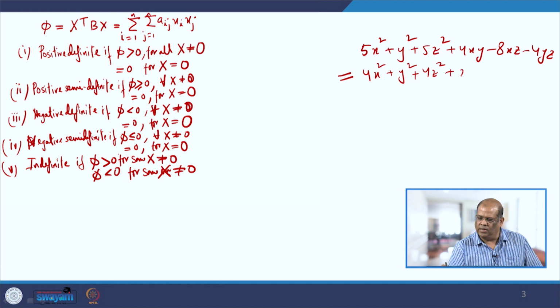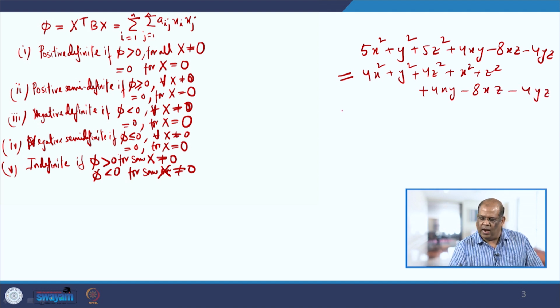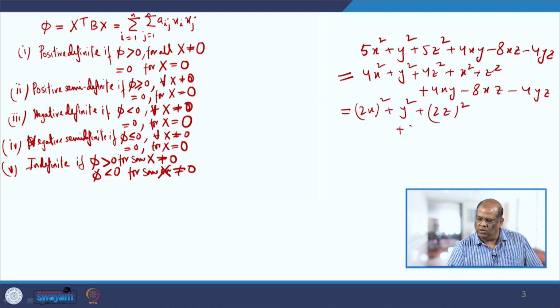The extra is x square plus z square plus 4xy minus 8xz minus 4yz, and that is equal to 2x whole square plus y square plus 2z whole square plus 2 into x into y.